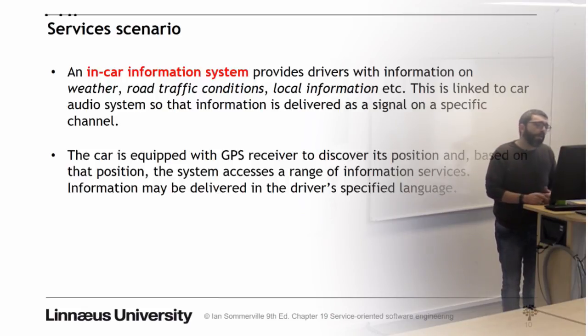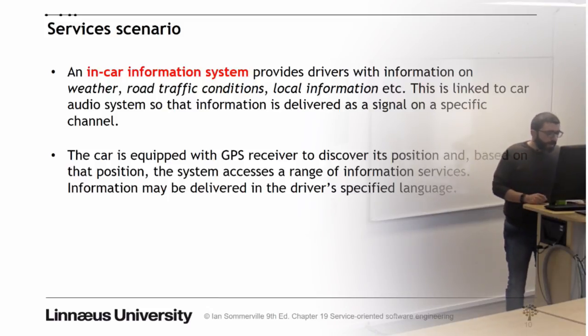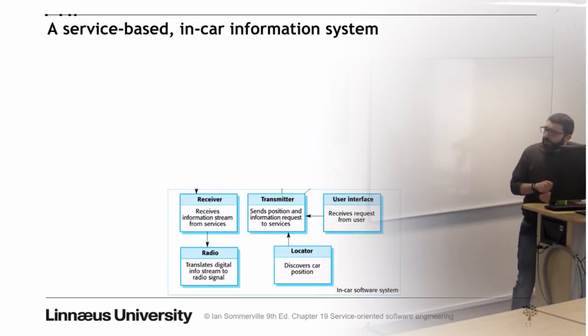For example, in my case, this will be in Italian. Then let's see how we can implement this type of scenario. So this is the diagram of the different modules that we have embedded in the car software system.